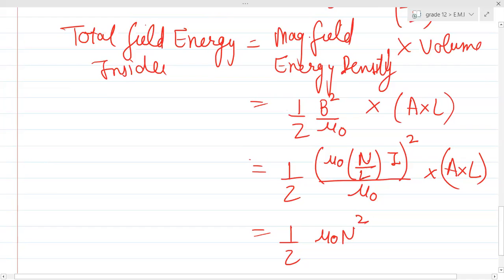There will be L square in the denominator, but one L will get cancelled with one L and only one L will remain in the denominator. And this area A I am also bringing over here, into I square. And if you remember, this thing is nothing but the self inductance, right?